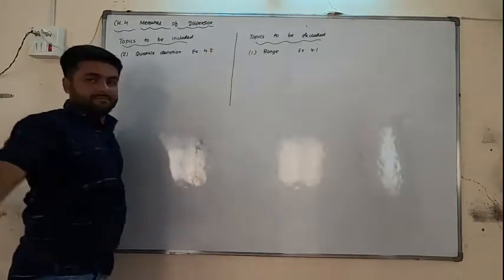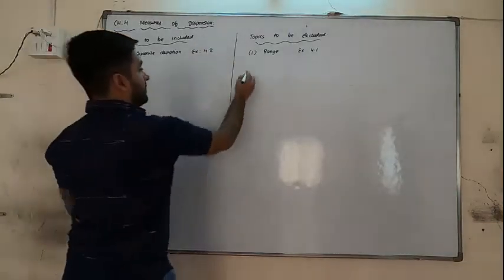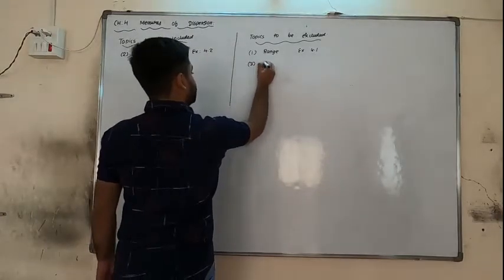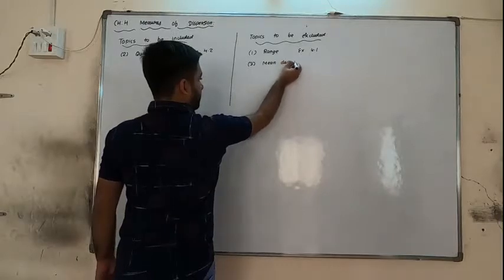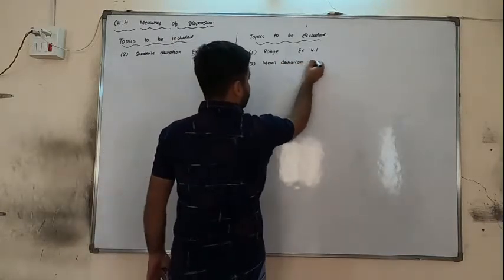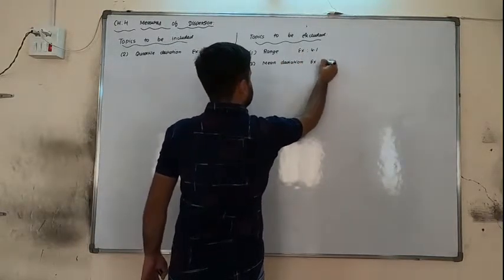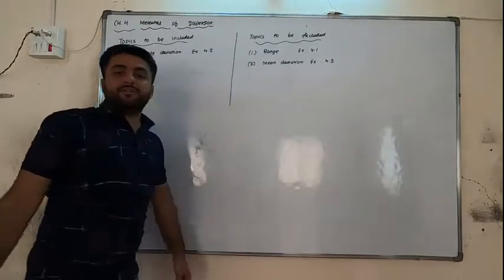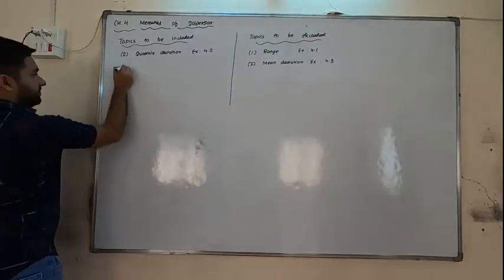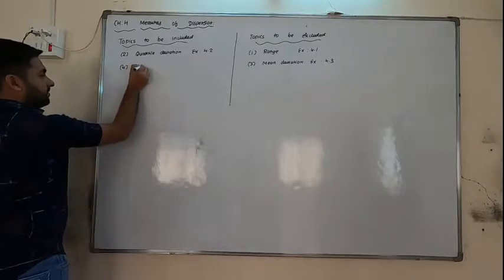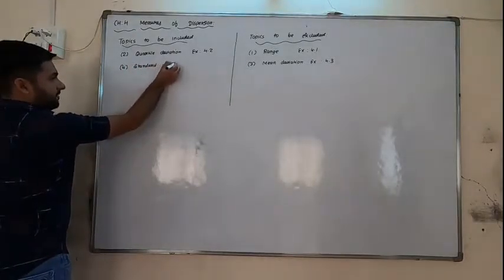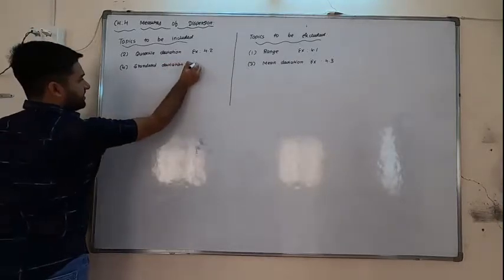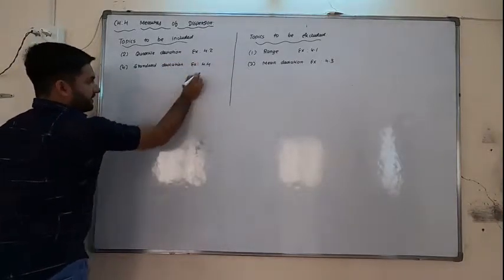So this is to be done. Then the third topic, mean deviation, that is exercise 4.3, that is also deducted. Then the fourth measure is standard deviation, that is exercise 4.4, that is included.